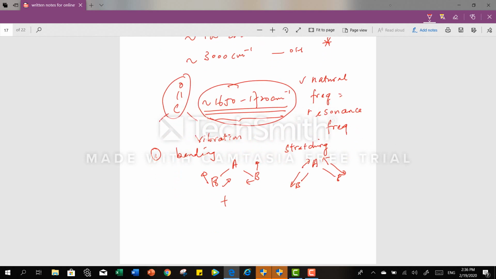And then the last way of vibration. There are three kinds of vibration. Is twisting. Twisting is they twist together. For example, this one goes to there, this one goes to here. But anyway, by doing this, this particular frequency from the IR spectrum will be absorbed, okay?